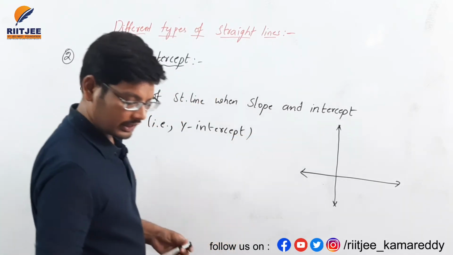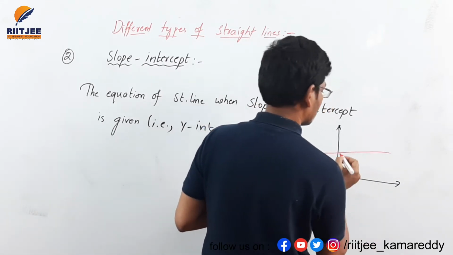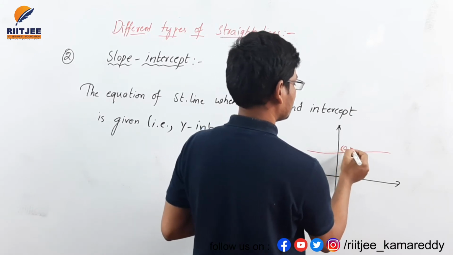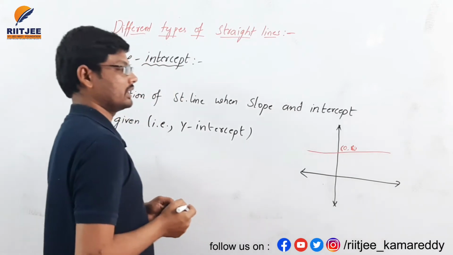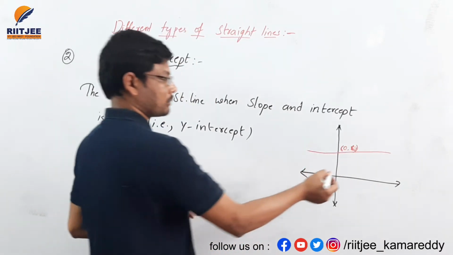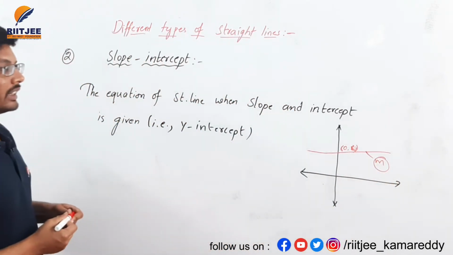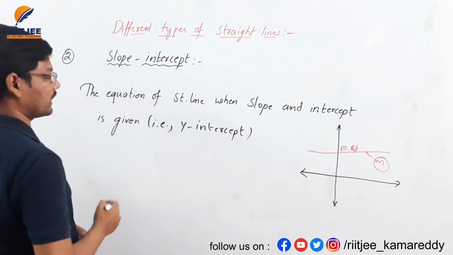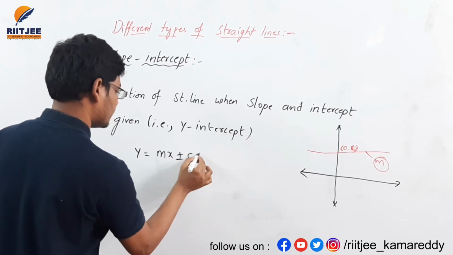So I am taking one straight line equation. This is a straight line and it is touching here, at the point 0 comma c. This straight line has some slope m and has intercept c, and the equation of the straight line is y is equal to mx plus or minus c.